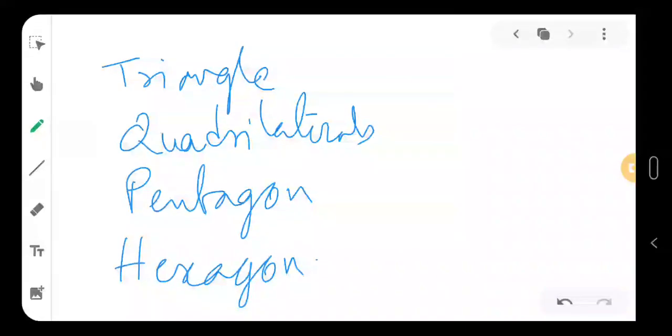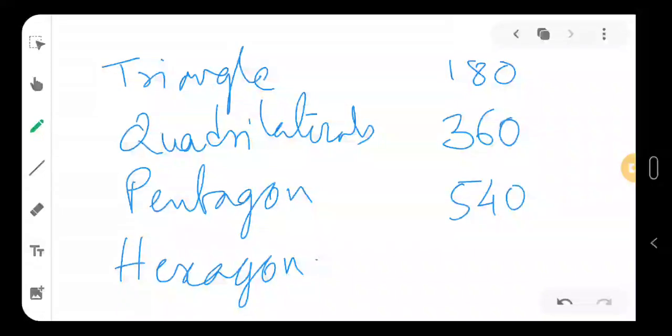So you can see that for a triangle, the sum of all angles is 180. For a quadrilateral, the sum of all angles is 360. For a pentagon, there are 5 angles and the sum of all angles is 540. For a hexagon, the sum of all angles is 720.